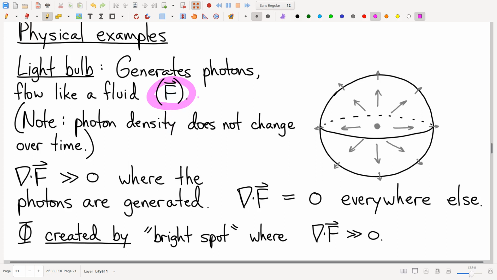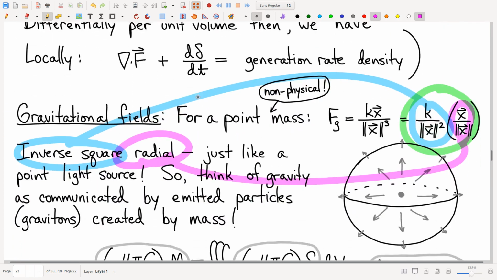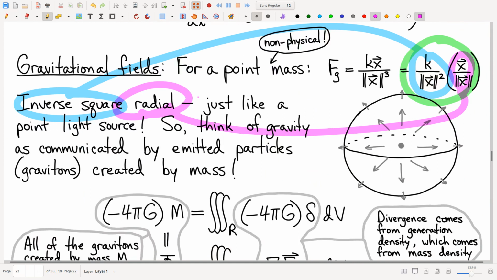So the vector field describing photon flow and the vector field describing this seemingly static thing called gravity, right? Gravitational field of the Earth, it just kind of sits there. There's nothing actually moving that we perceive anyway. But mathematically, they look just alike.